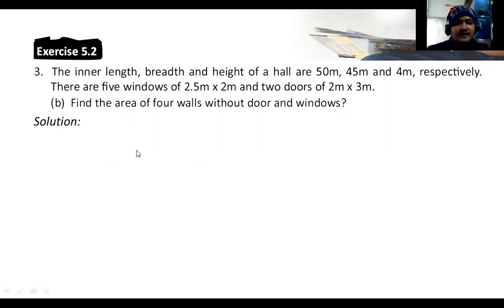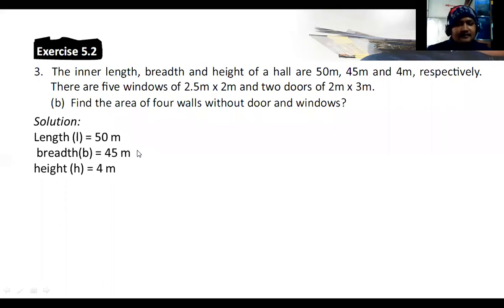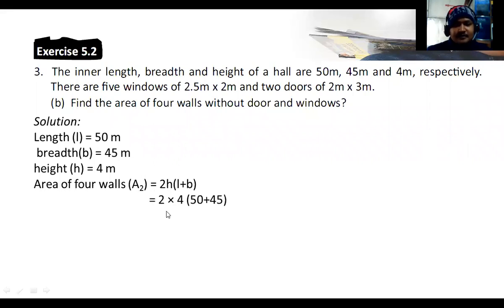So for it, at first write all given things. Length, breadth and height are 50, 45 and 4 meters. Now our formula for area of 4 walls is 2h times L plus B. I have written A1 for area of floor and ceiling, because of that reason, here is A2. 2h times L plus B: 2 into h is 4, L is 50, B is 45.